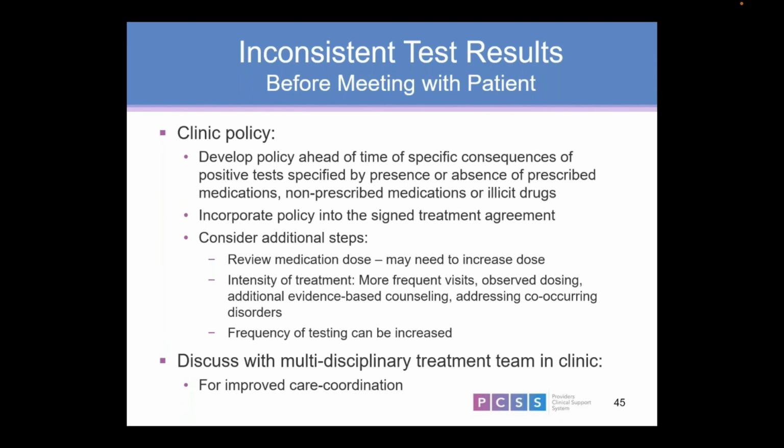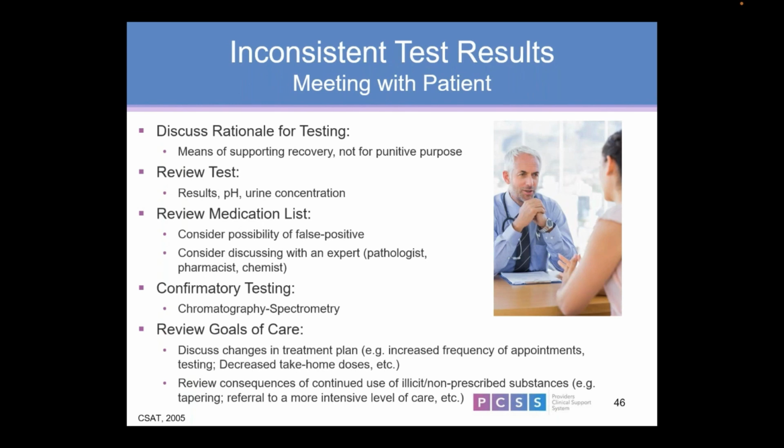There's continued problems when you're not getting what you wanted out of this treatment, and then think about other ways in which you could be helpful, maybe continuing them on buprenorphine, but referring them to other services that could help them move forward. But it is important to establish this at the time that you're initiating treatment.